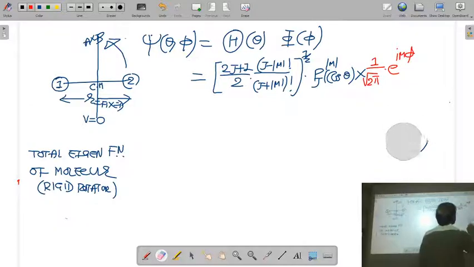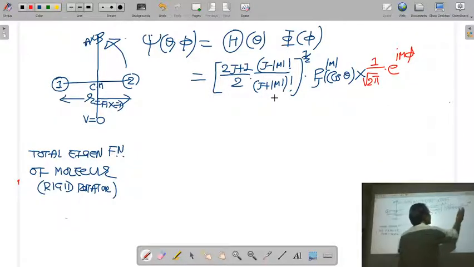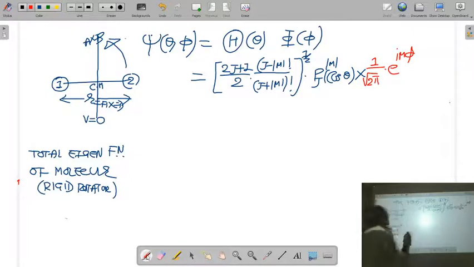So the first part of the solution is the theta part and the second part is the phi part.